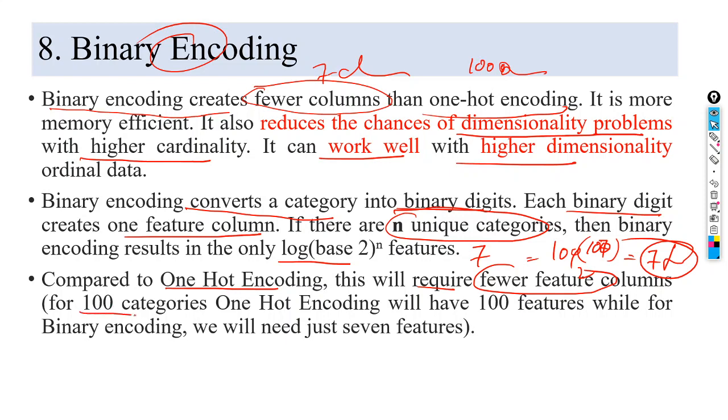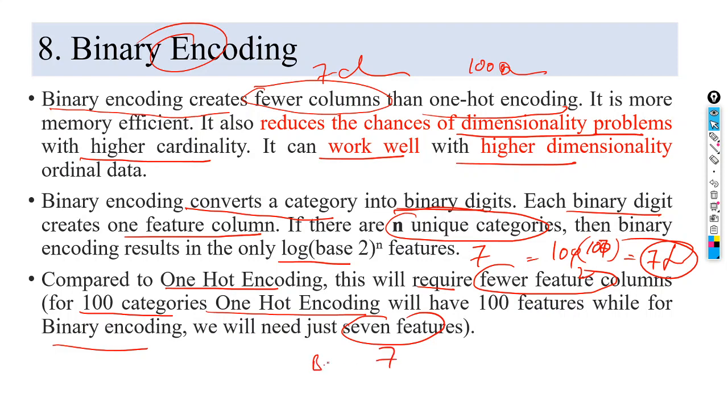For example, with one hot encoding, if 100 categories are there, there is the curse of dimensionality, with more number of features. With binary encoding you need just 7 features.